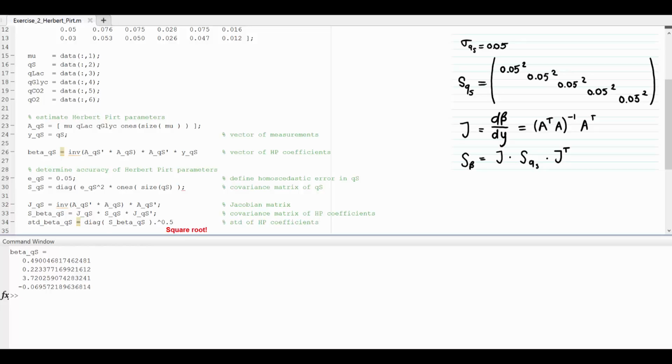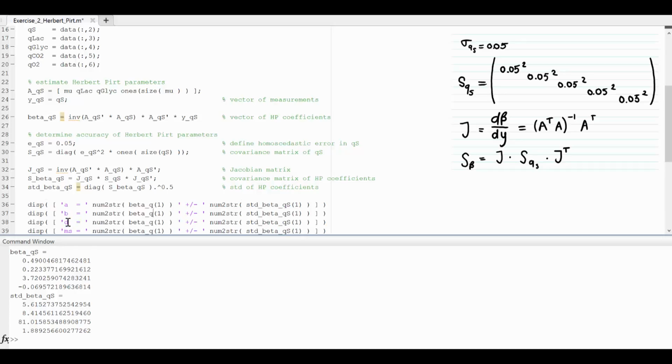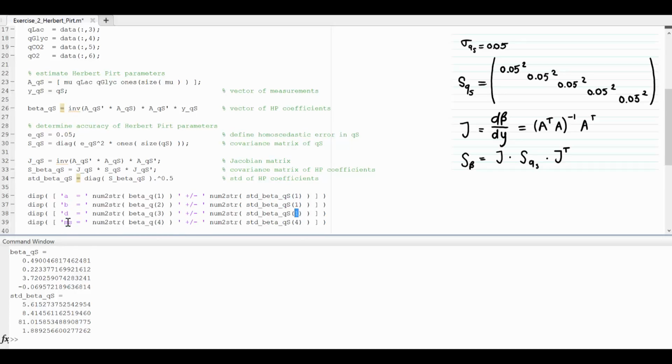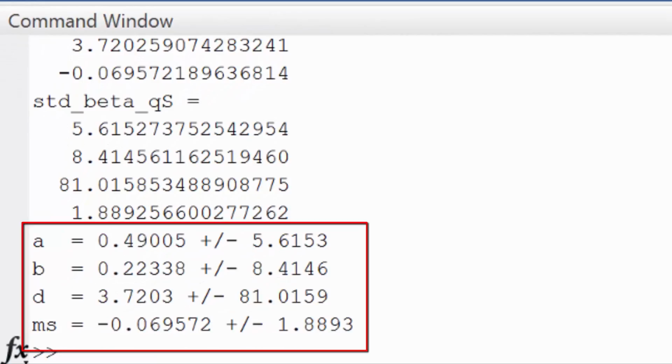Take care of the dots before the square. Let's display our findings nicely with a number to string notation. We have now found the accuracy of the Herbert Pirt parameters. We can see that the standard deviation is more than 1000% for each parameter, which is extremely inaccurate.